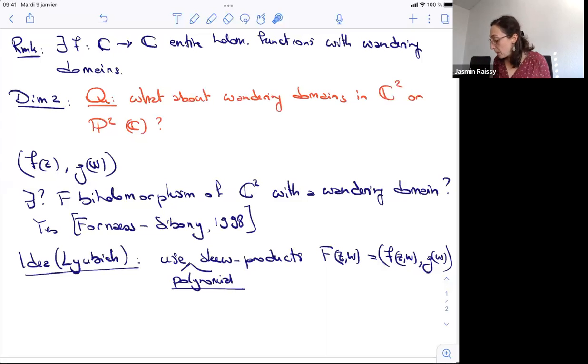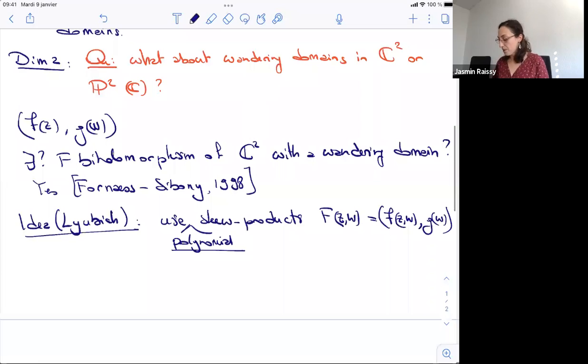I'm just being one-dimensional here, and I will add something more here, and you will see it's not so two-dimensional. You can see it like C1.5, even if the real problem is that I cannot draw anything, but I will try anyway. Okay, so the idea of Lubitsch was, let's use skew products and see what happens.